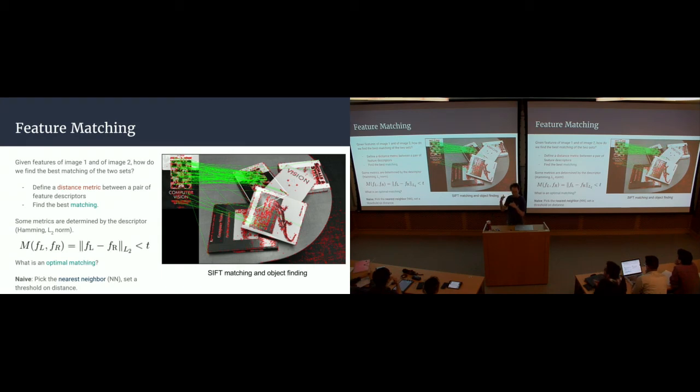If it's not 0, it's just the sum of the squared differences. If something is under a threshold, we pick it up. We do a very greedy thing: take the nearest neighbor, the other feature in the other image that is closest to you, and just take that one.